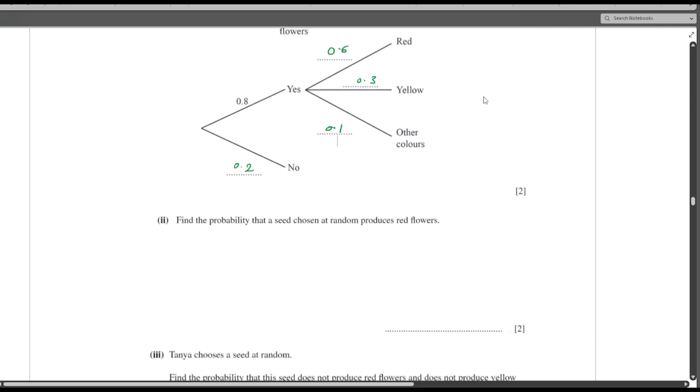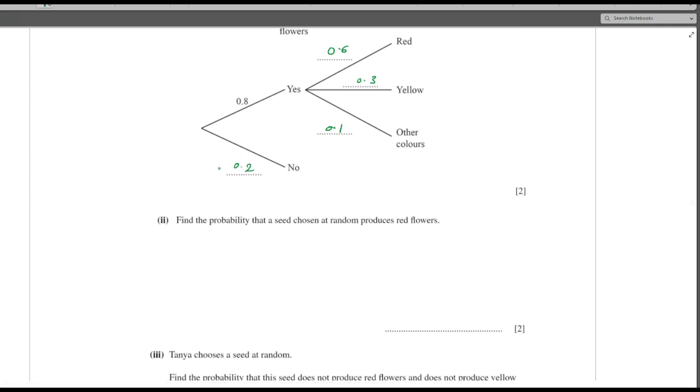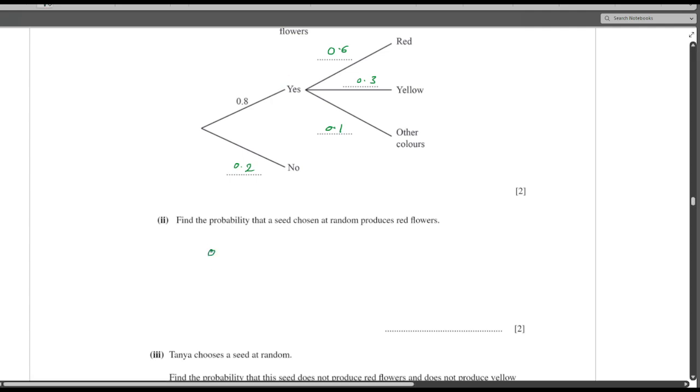So that means you choose a seed, first of all, which gives you a flower, whose possibility is 0.8, and then it is giving a red flower whose possibility is 0.6. So 8 times 6, 48, 0.48 is that possibility.